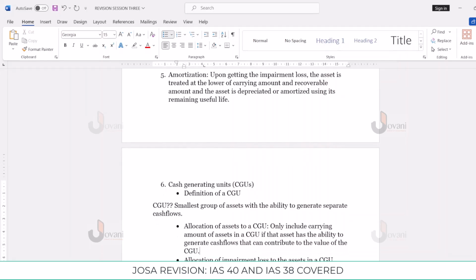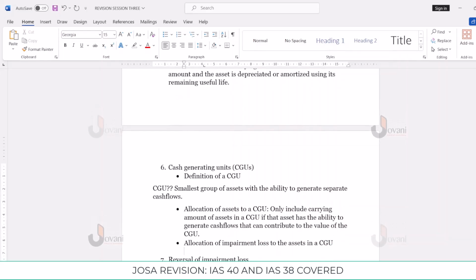Meaning that if you have an asset but it has no ability to generate cash flows, then you cannot include its value when valuing the total value of the CGU. Are you getting it? Any question regarding this, or shall I proceed? I'm sure this is revision. We should be having these concepts. Any question, or shall I proceed?